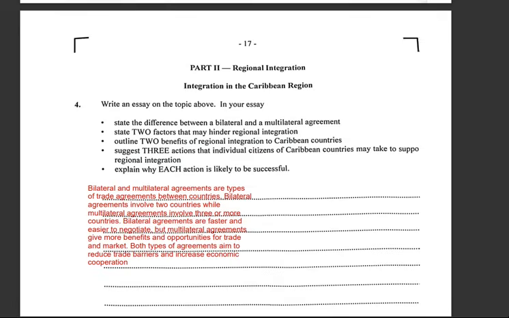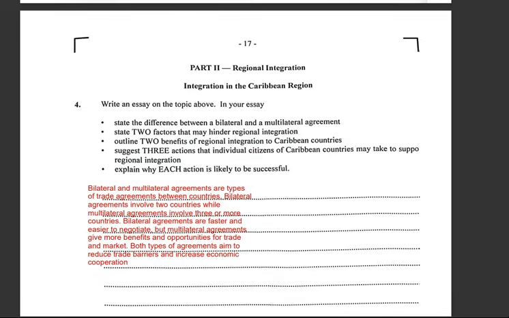Once they find that out, they can know how to develop strategies and action plans towards regional integration. As I mentioned, guys, you can choose a different answer. It doesn't have to be the same as mine.